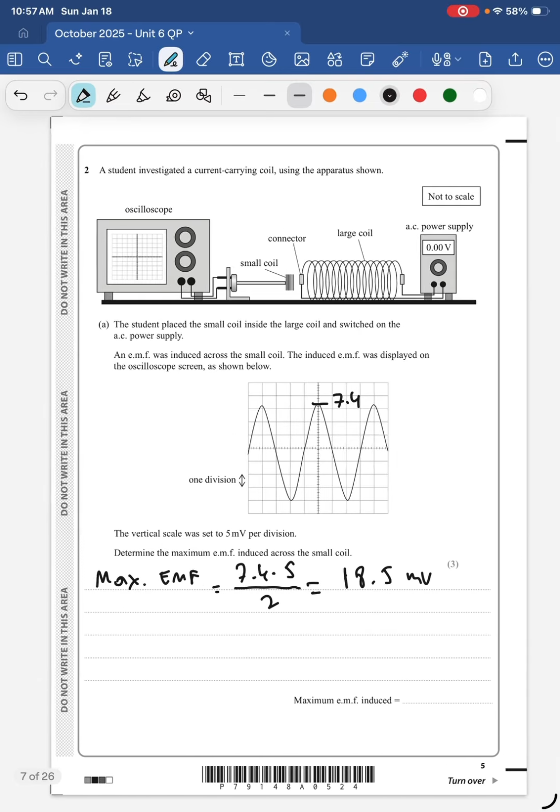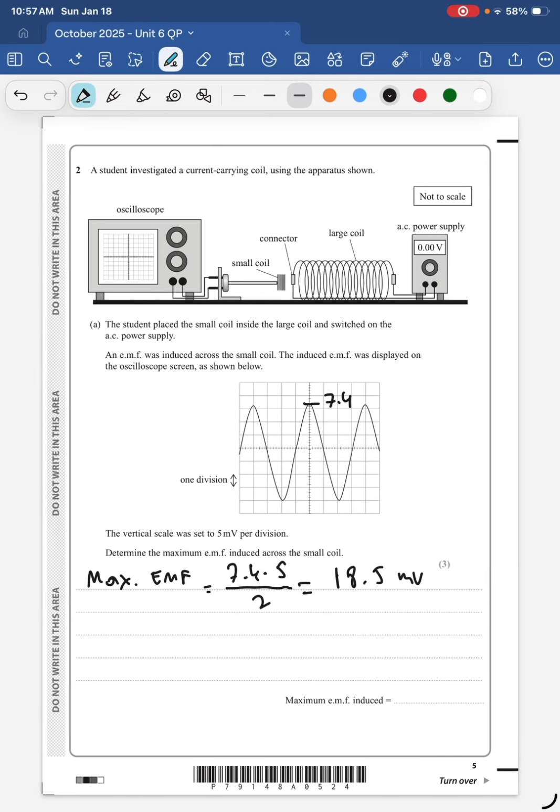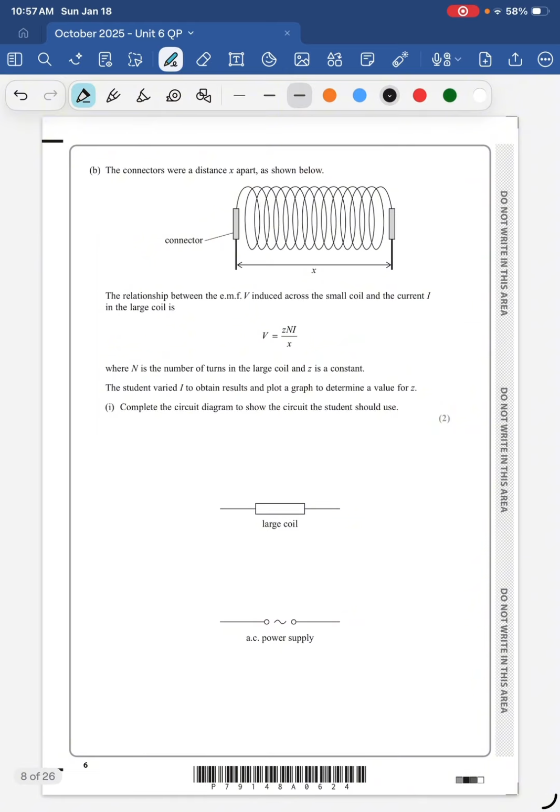So you need an ammeter in series with the large coil to measure the current, right? And you need a resistor, so you can use a variable resistor to vary the current. So that's a variable resistor and an ammeter.